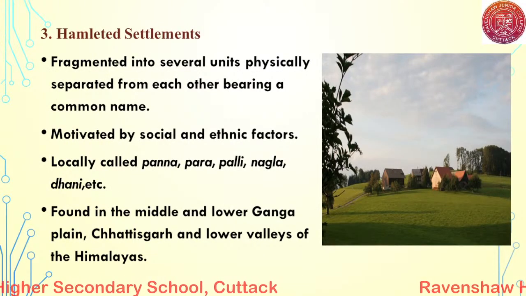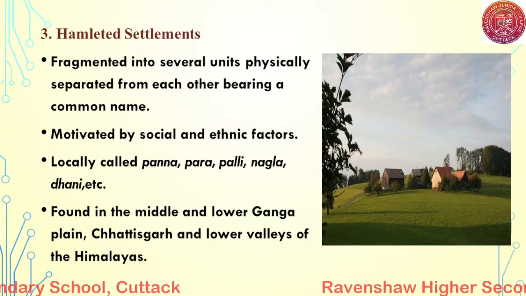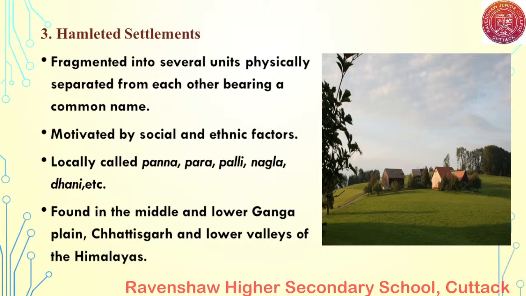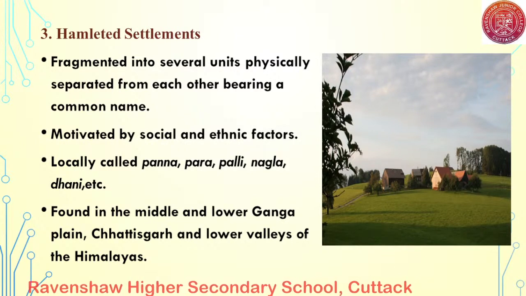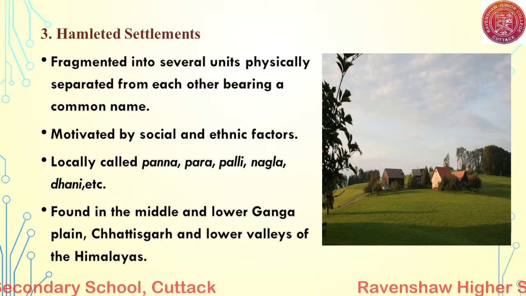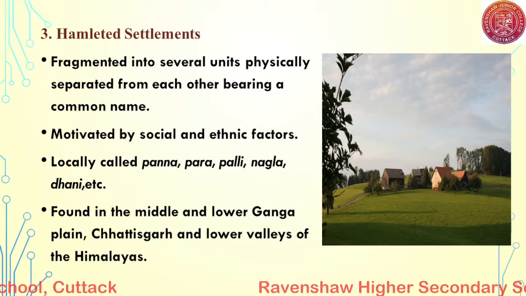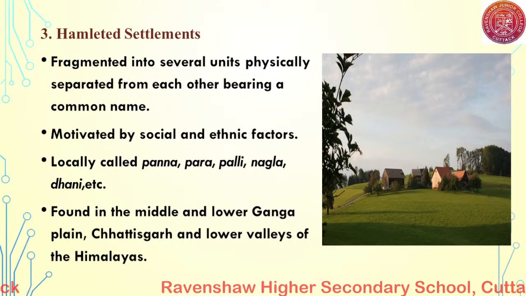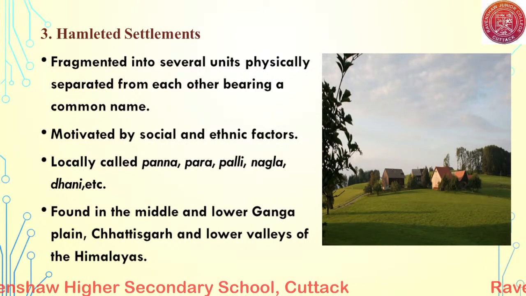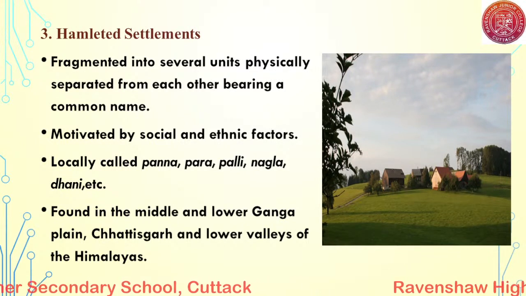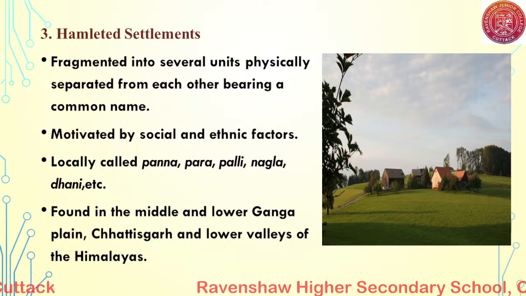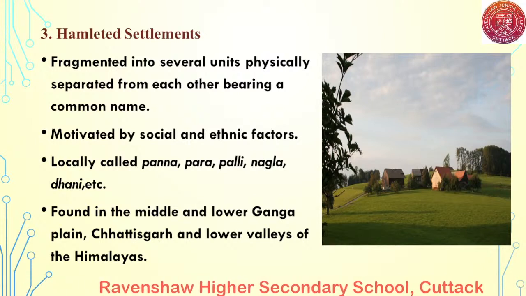Then the third one is hamleted settlements. In the case of hamleted settlements, the rural settlements are broken or fragmented into several units which are physically separated from each other and they bear a common name. In hamleted rural settlements, the people are motivated by some social factors and ethnic factors.